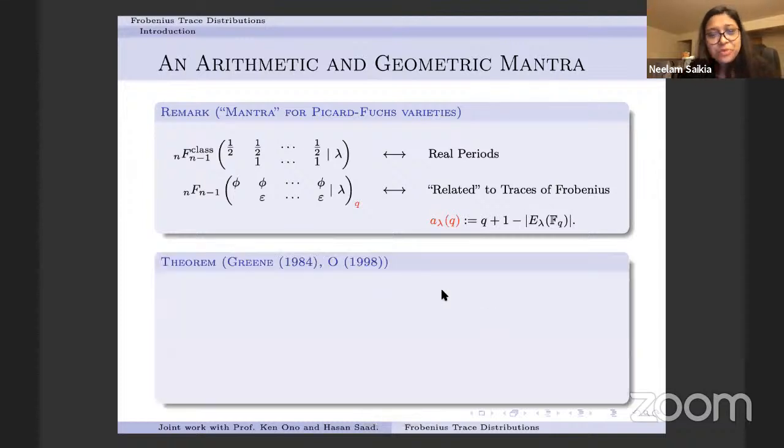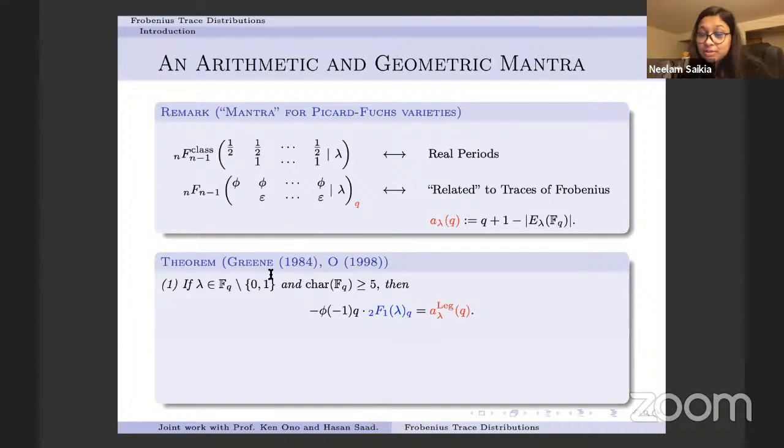More precisely, if F_q is a finite field whose characteristic is different from 2 and 3, then for any lambda lying in this set, we obtain that the trace of Frobenius of the Legendre form of elliptic curve is expressed by this 2F1 Gaussian hypergeometric function.